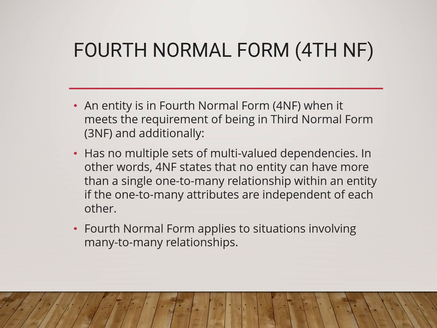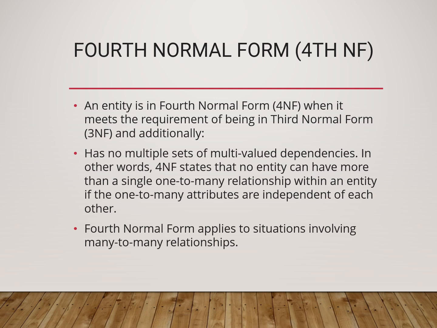We can say that in fourth normal form no entity can have more than a single one-to-many relationship with an entity, that is, a many-to-many relationship. Simply, fourth normal form should be in BCNF and contain no more than one multi-value dependency.